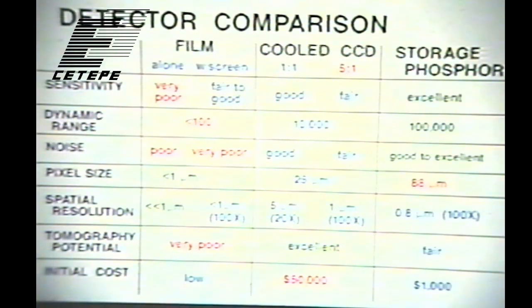But the problem is that X-rays destroy the device eventually. CCDs are not radiation hard, as they call it, because they're crystalline silicon, and its crystals are perfect crystals, and X-rays rupture the crystal lattice and destroy the CCD. So after a certain number of exposures, if you expose the CCD directly to X-rays, it's dead.